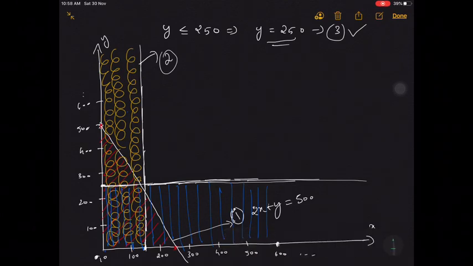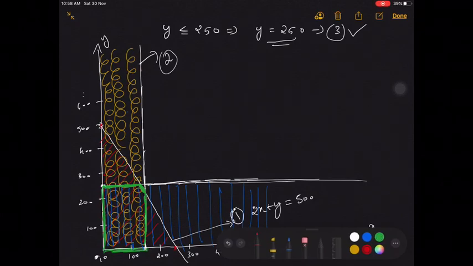So this is the region that has all three shades.